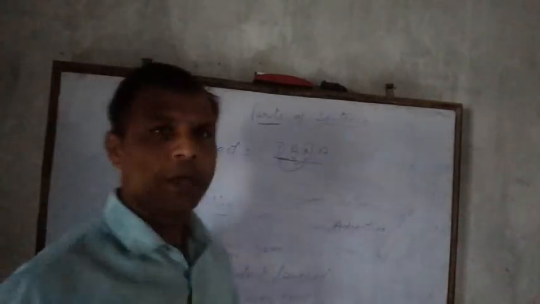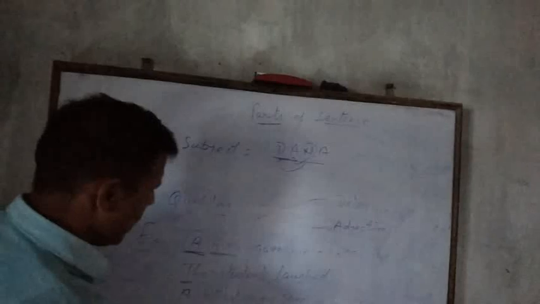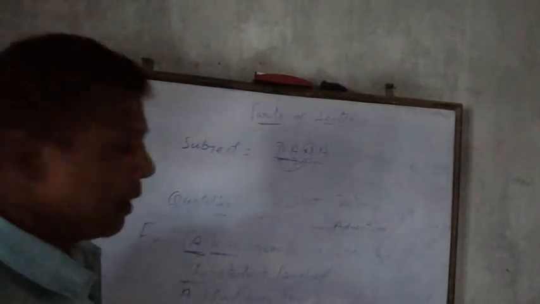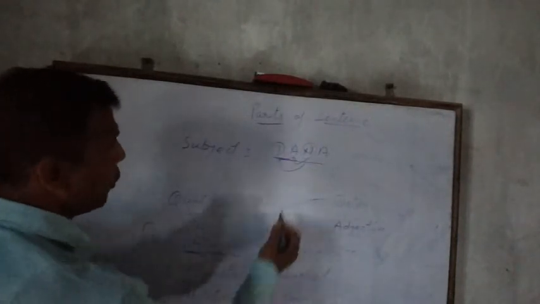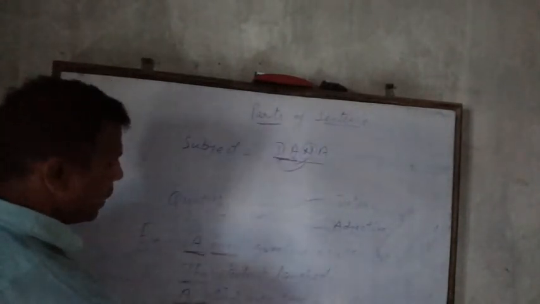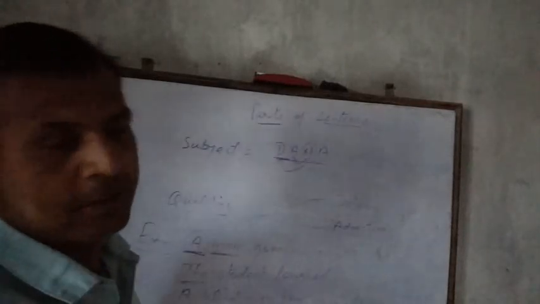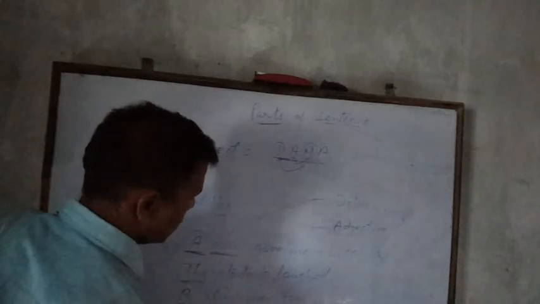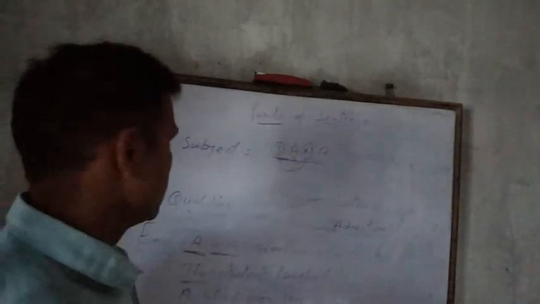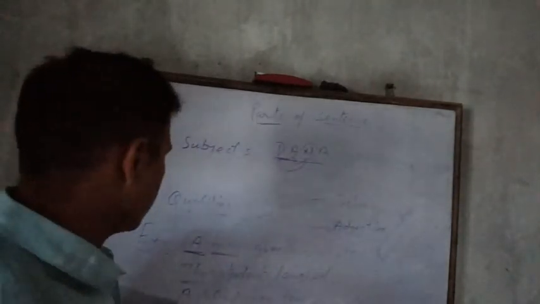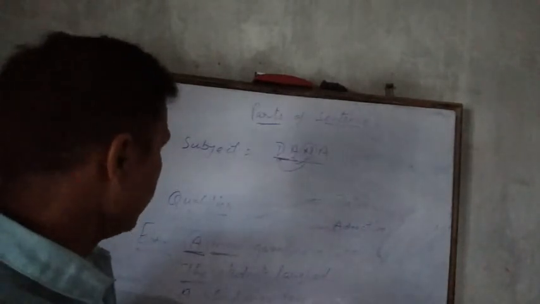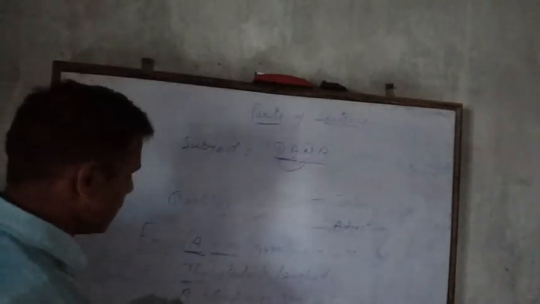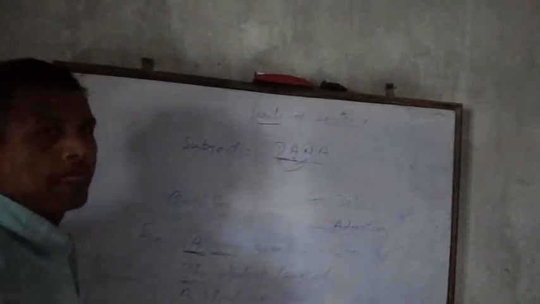So here a is determiner and blind is adjective. So both determiner and adjective are used in this sentence. A blind man. Then this is the head word, HW. This is also known as noun. So determiner, then adjective and noun are used here. So these are the parts of subject.